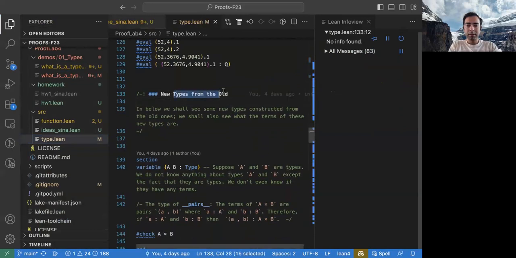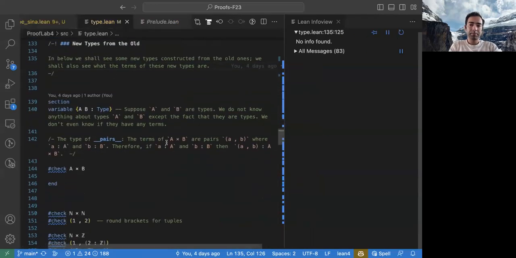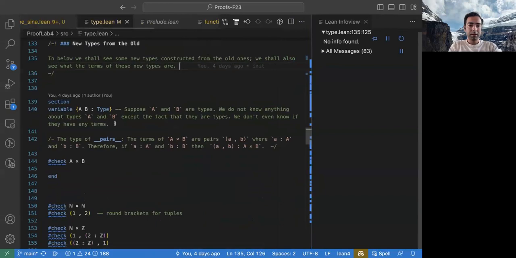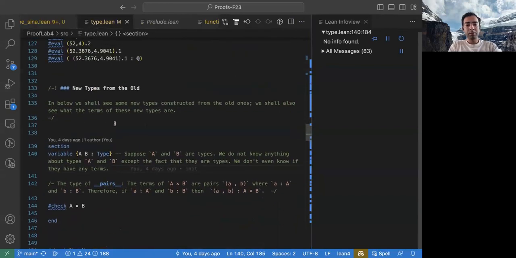So we want to construct new types from the old ones. So far, basically, we have a bunch of like 4 types, right? There are number systems like natural numbers, integers, and so on. So 4 types that we know, but clearly that's not enough to capture all of mathematics.